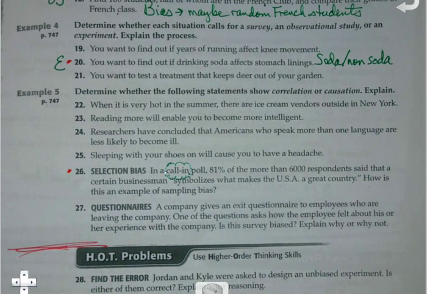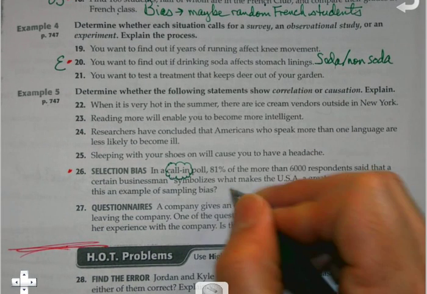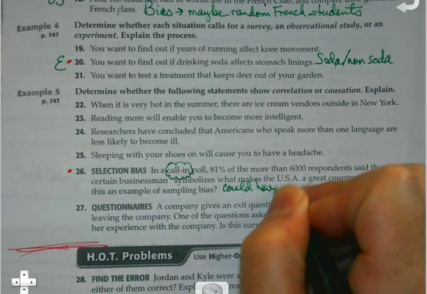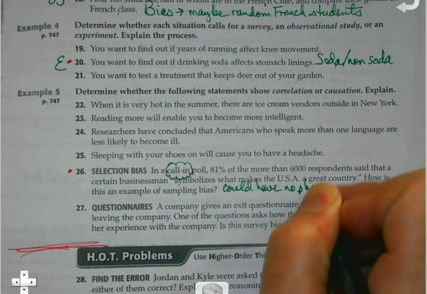How could call-in cause a problem with some bias? Okay, maybe they don't have a phone. They're probably going to call and support that person. So we got a couple of things. We could have no phone. That would be a little bit of a problem.